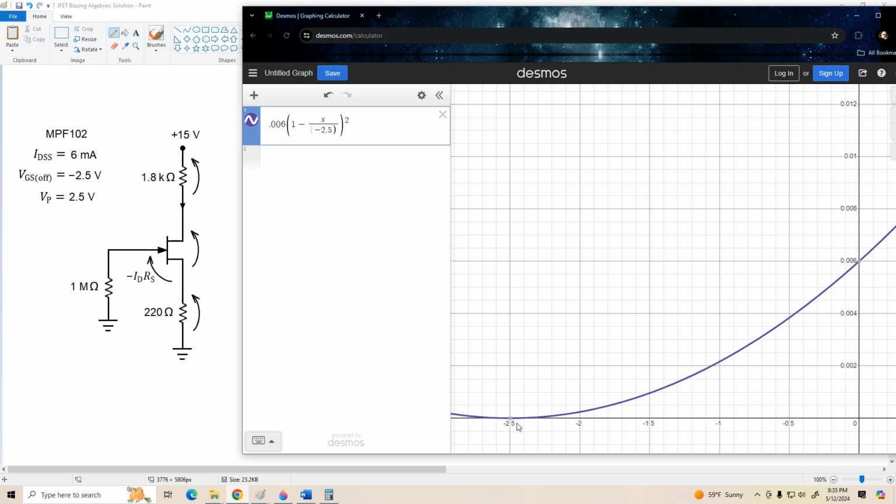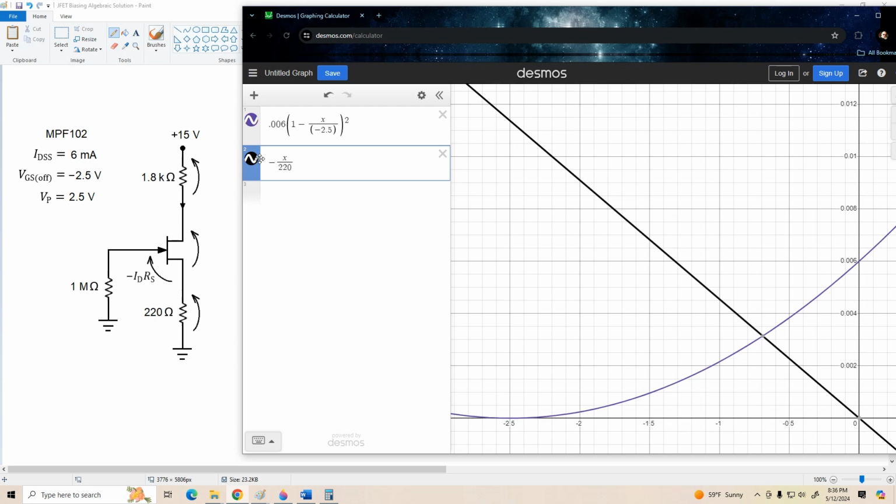Now the scaling's not quite nice here yet, but what I want to do next is plot our ID times RS line on here, and actually that's going to be negative ID times RS, but I have to change the form a little bit. Here is negative x divided by 220.